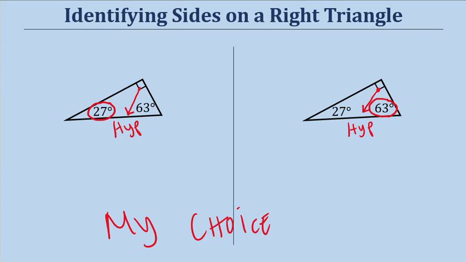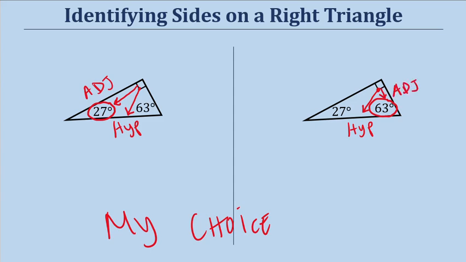Adjacent, however, is going to be different for the 27-degree choice versus the 63-degree choice. Because for adjacent, I'm going to the 27 if that's what I've chosen, making this top left side my adjacent. If, however, I chose the 63, that would make the top right side my adjacent.